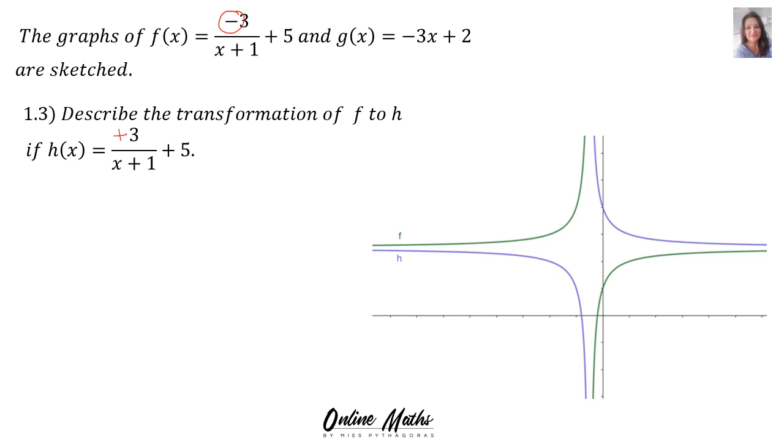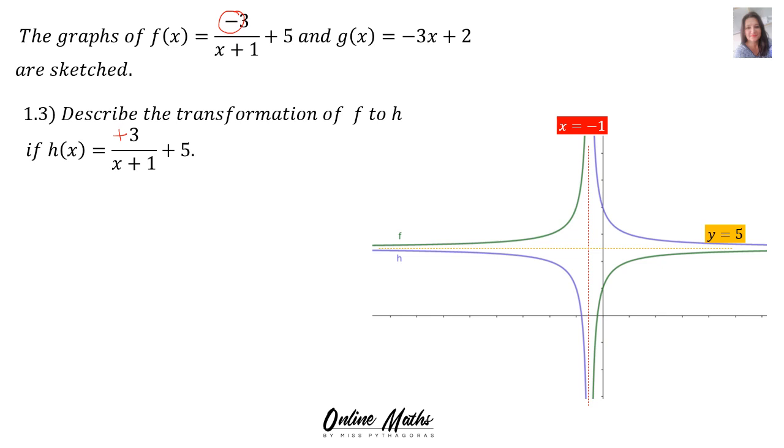Then my green graph was the original graph f of x. And there's your vertical asymptote, the line x is equal to minus 1. And there's your horizontal asymptote, the line y is equal to 5. Now the purple graph, that one is h of x.